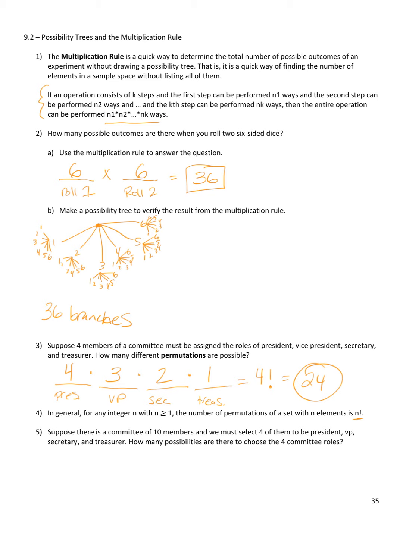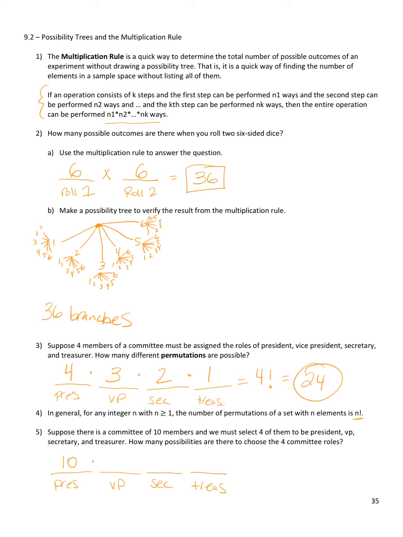So slight variation, suppose you have a committee of 10 people and we have to select 4 of them to be president, vice president, secretary, and treasurer. How many possibilities are there to choose the 4 committee roles? So I have president, vice president, secretary, treasurer again. But now when I choose the president, I have 10 people to choose from.